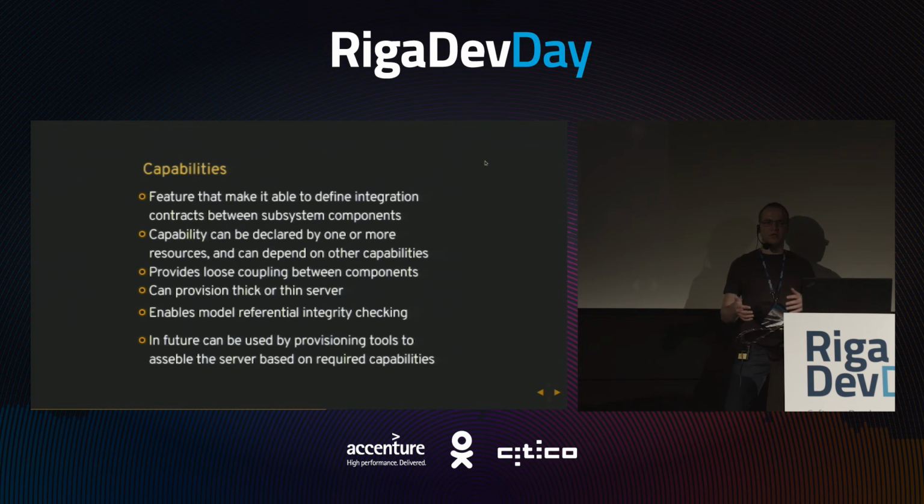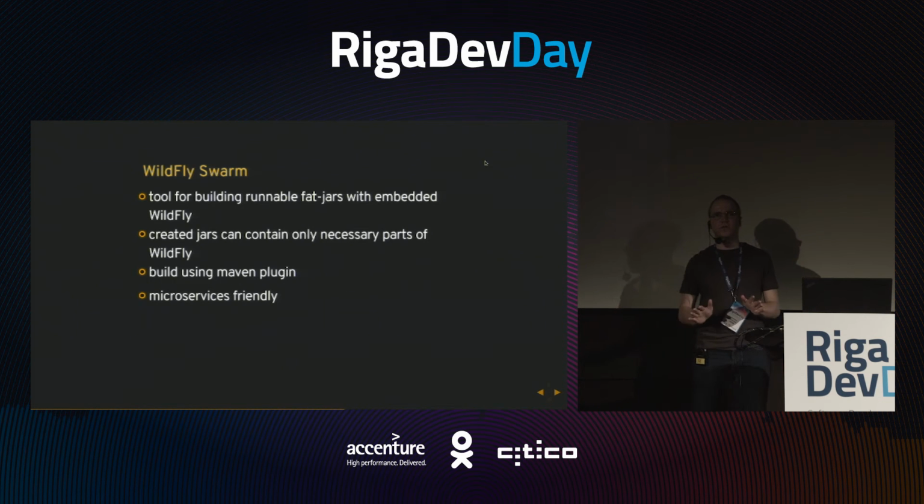That's the first thing. The second thing is that we should be able to create a server based on a capabilities list without the things that I described a few moments ago with feature packs. And another thing that we are working on is a little different use case than a moment ago, but here we are a little further.